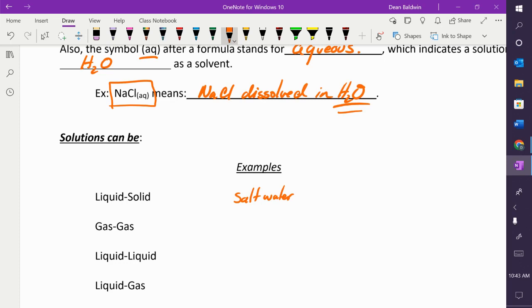All right. You can have gases dissolved in each other. Basically it's a mixture of gases. Well, it's a common mixture of gases. There's one in this room right now. The air in this room is a mixture of gases. What are the mixtures?